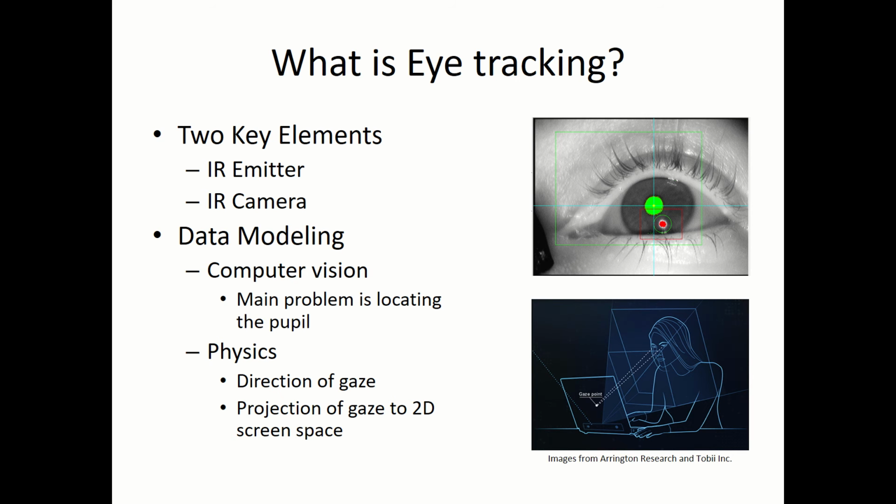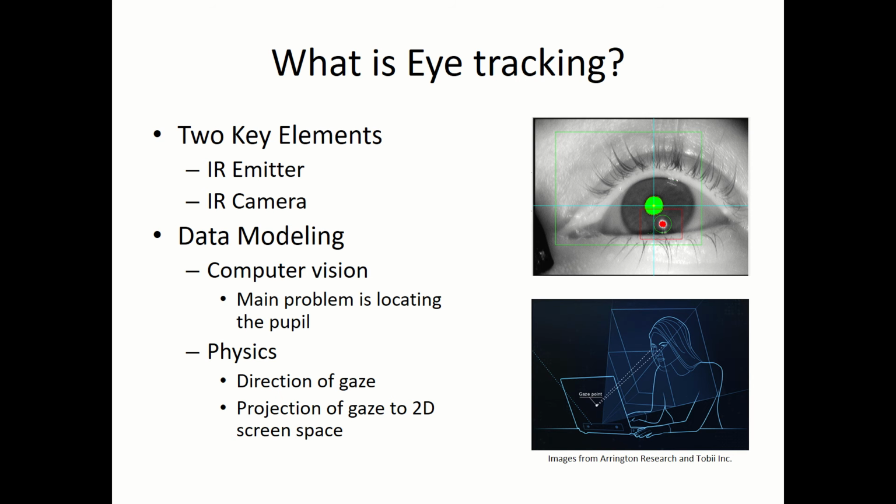When you blink naturally, you have no pupil visible, so there's a lot of computer vision engineering problems that get addressed. The other piece in this data modeling is that once you have an idea of where the pupil is, you also have to figure out where it's actually looking.